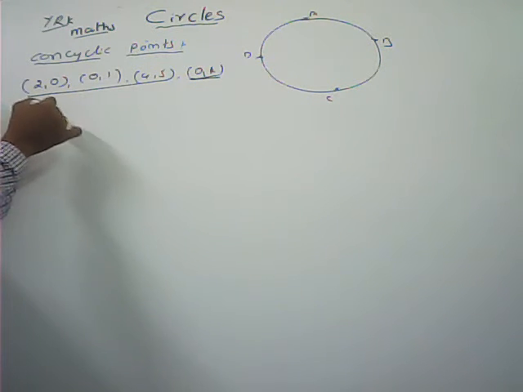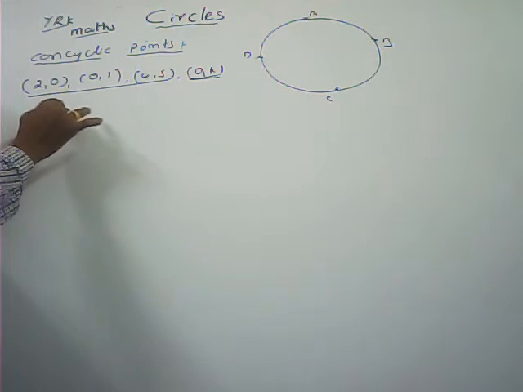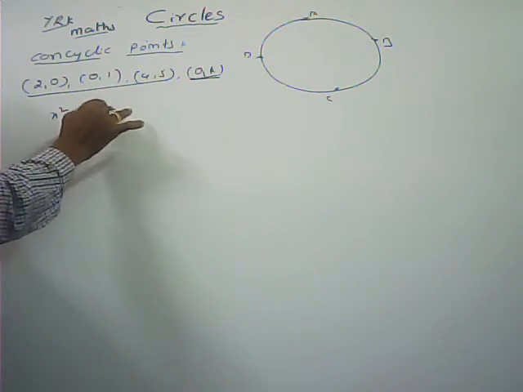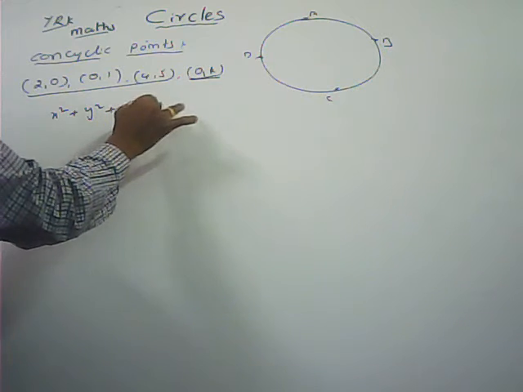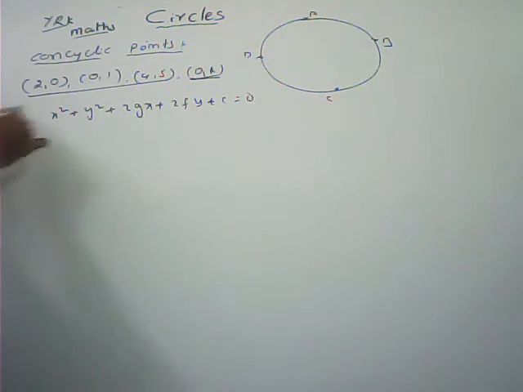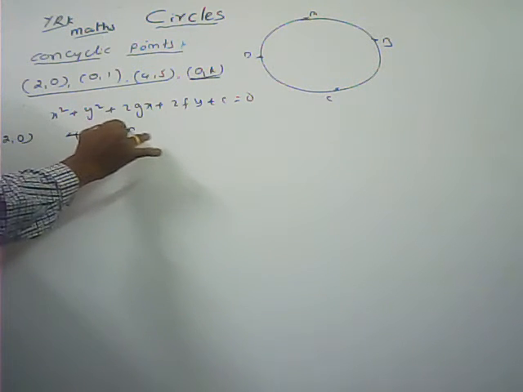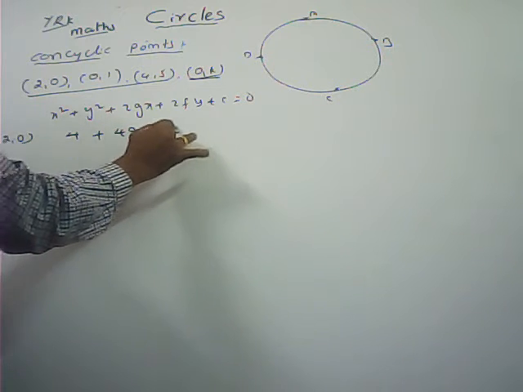How to get the equation of the circle whenever 3 points are given? First we take the general form of the equation of the circle, x square plus y square plus 2gx plus 2fy plus c equals 0. If it passes through 2 comma 0, 4 plus 4g plus c is equal to 0.